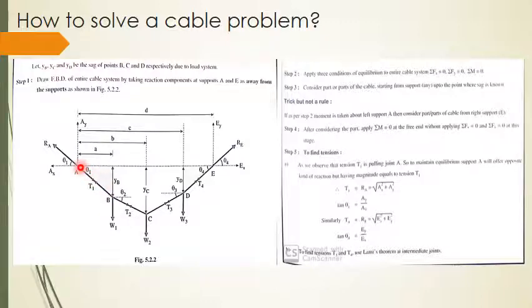So if you find out RA, we'll automatically know tension in AB. Similarly, if I know RE, I'll automatically know the tension in DE. I can easily find out the value of angle theta 1 by applying tan theta 1 equals AY upon AX. Similarly, I can easily find out the value of angle theta 4.